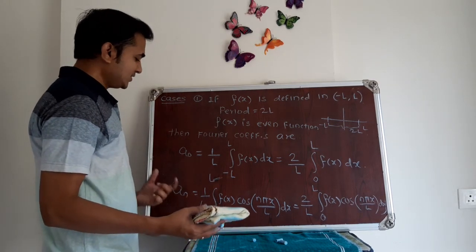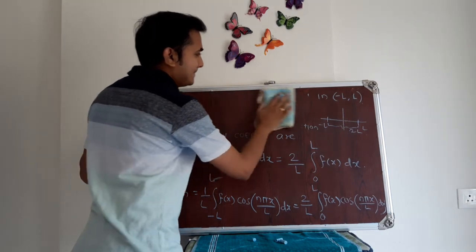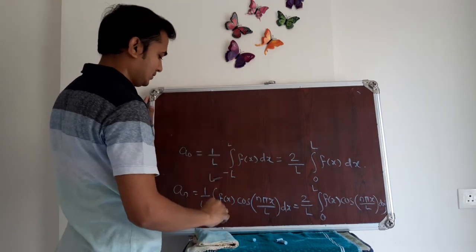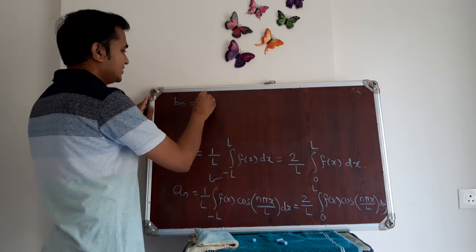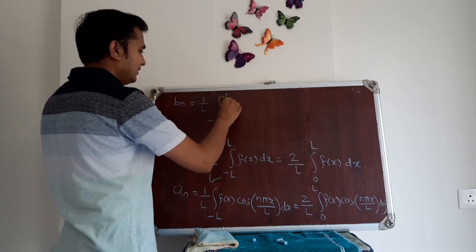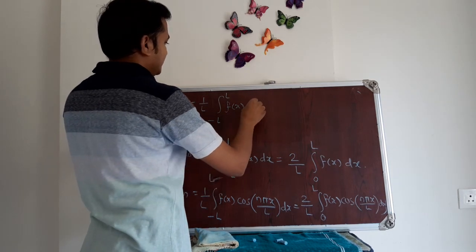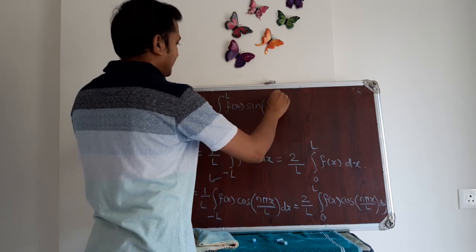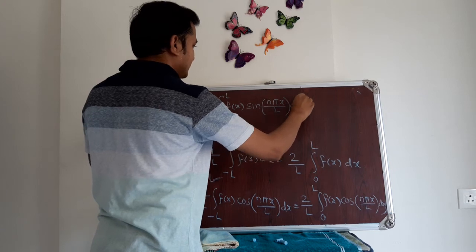Lastly, bn is 1 by L integral minus L to L f of x sine n pi x upon L dx.